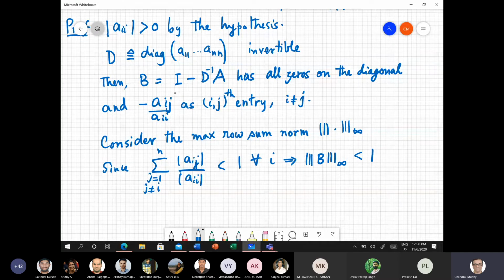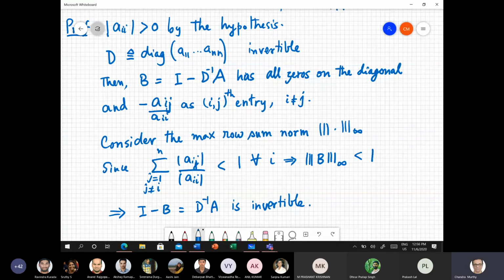So there is a norm such that the norm of I minus D inverse A is less than 1, which then means that I minus B, which is equal to D inverse A, is invertible. But D is a non-singular matrix, which implies that A is invertible.